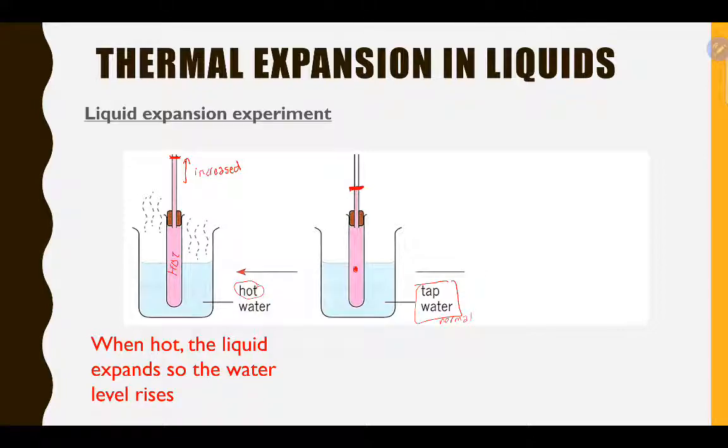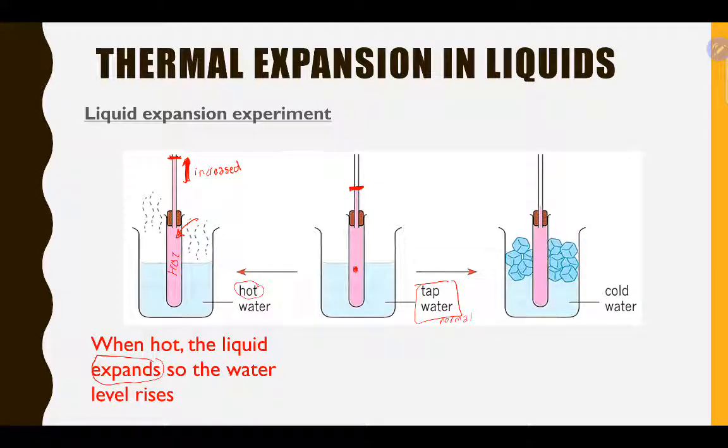So when hot, the liquid expands. So the water level rises. This increase is because the liquid inside expands. It got bigger. Because it got bigger, the level of the liquid increased, it became higher. Now let's look at the cold water. When you put it in cold water, the level of the liquid drops, decreases.